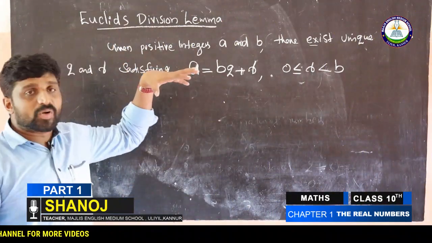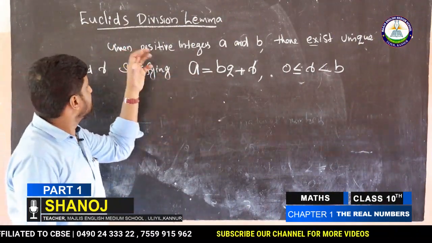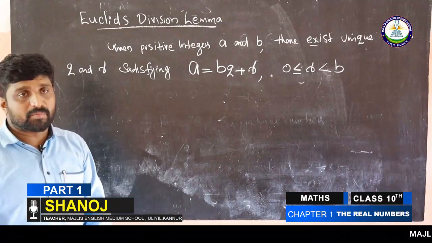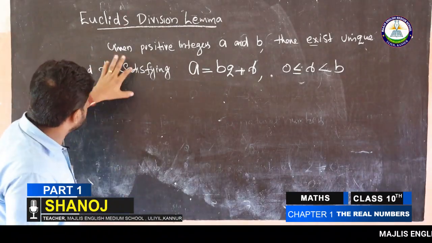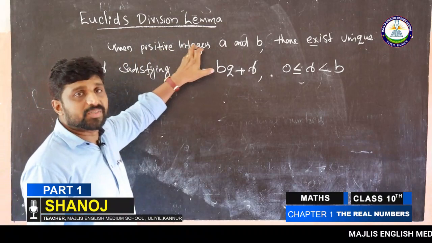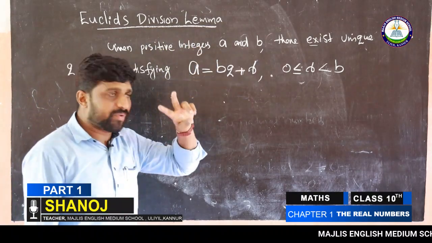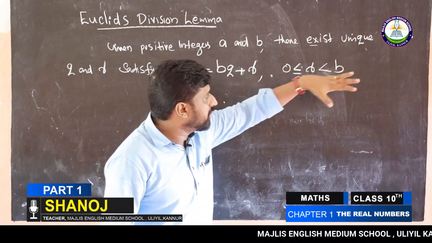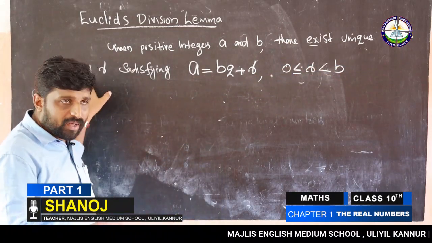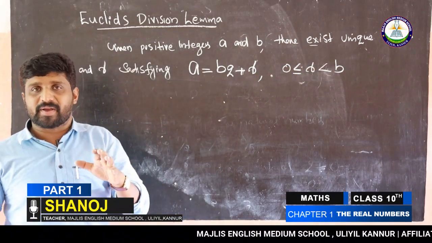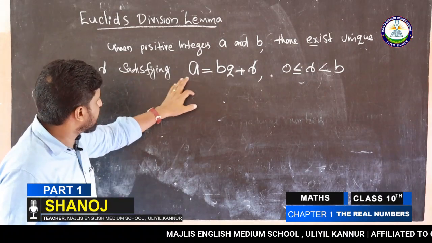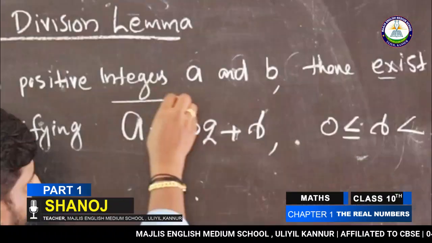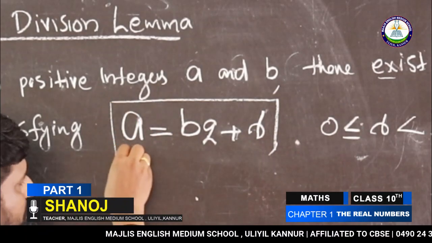Now we discuss Euclid's division lemma. Euclid is a great mathematician. The statement is like this: given positive integers a and b, there exist unique integers q and r, normally quotient and remainder, satisfying the condition a equal to bq plus r.